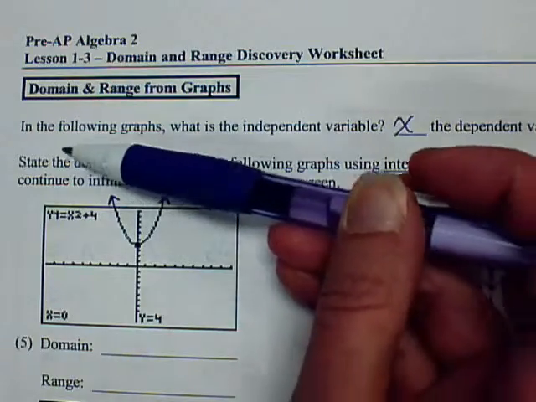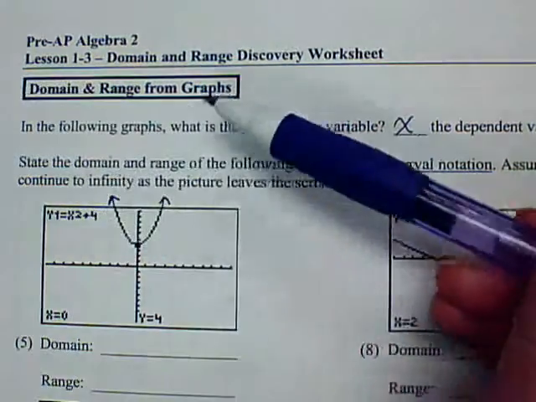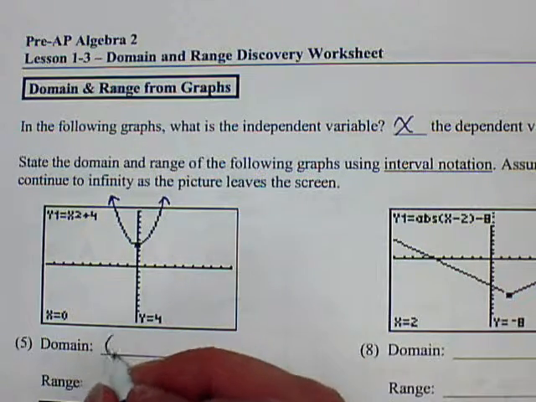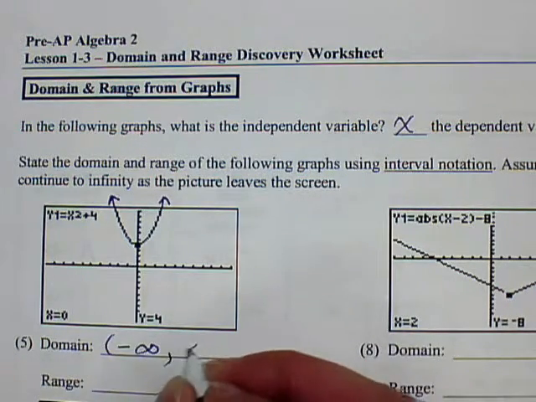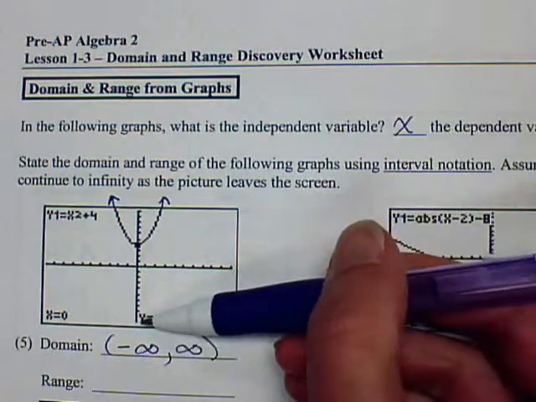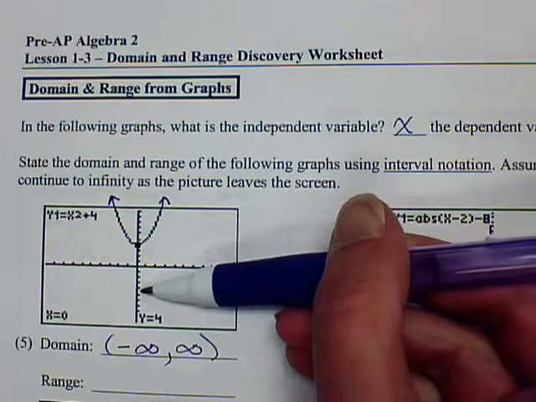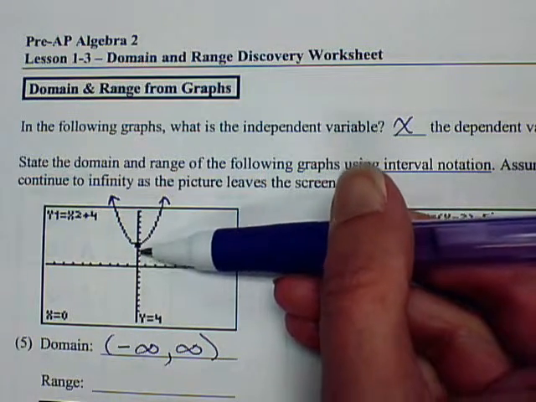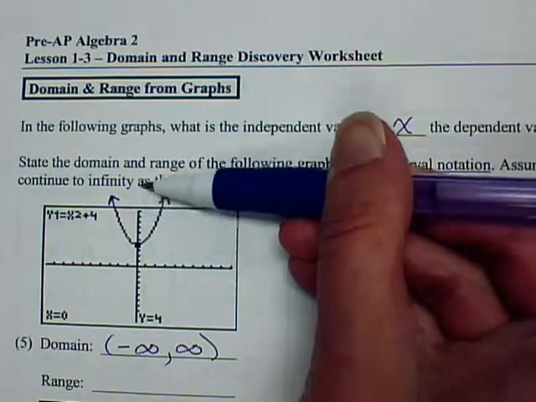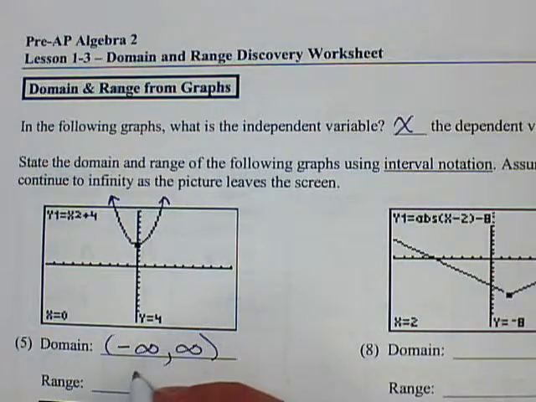Well, since this keeps going on and on forever this way and this way, all of the x values have a point on the graph associated with them. So it's all of them. Now the range, none of these y values have part of the graph associated with them. It doesn't start till we get to 4, and then it keeps going up to infinity. So the range on this one is 4 to infinity.